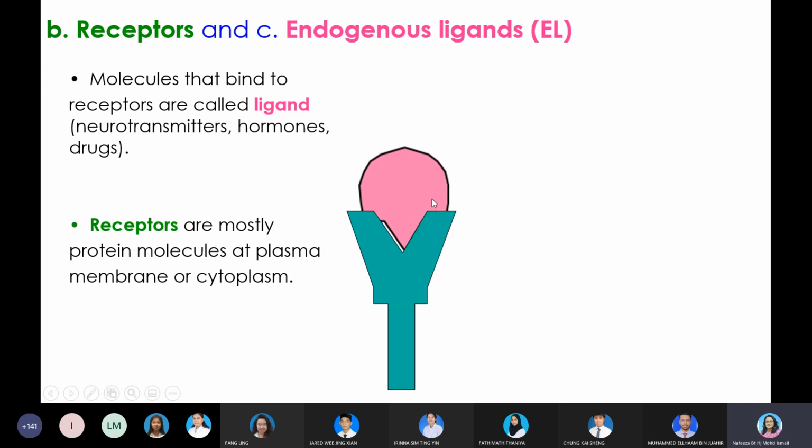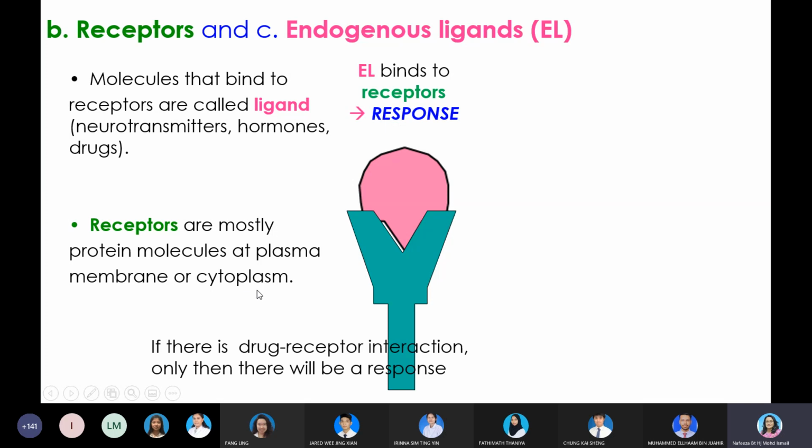When the ligand binds, the word we say is binds, not connect, to a receptor, it produces a response. So only if there is drug-receptor interaction will there be a response.